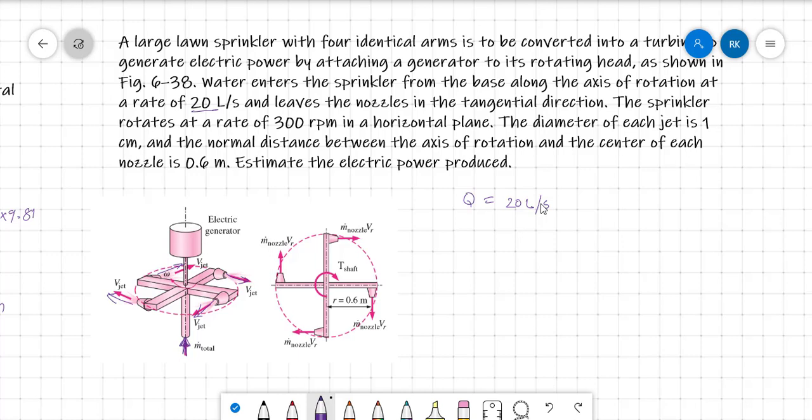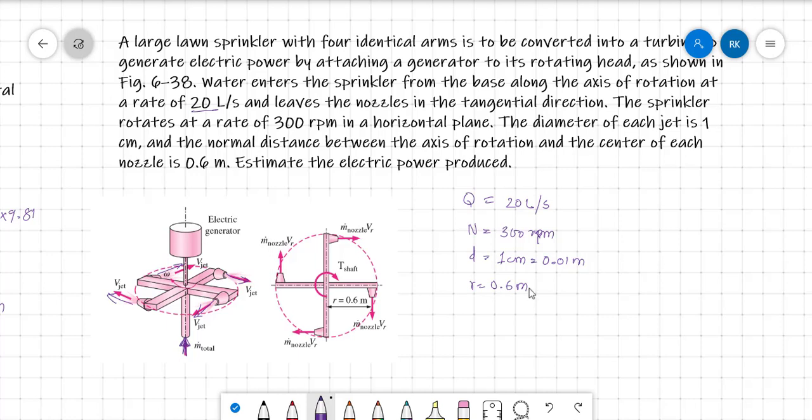The sprinkler rotates at a rate of 300 rpm. So speed is equal to 300 rpm. The diameter of each jet is equal to 1 centimeter, which is equal to 0.01 meter. And the normal distance between the axis of rotation and center of each nozzle is r is equal to 0.6 meter.